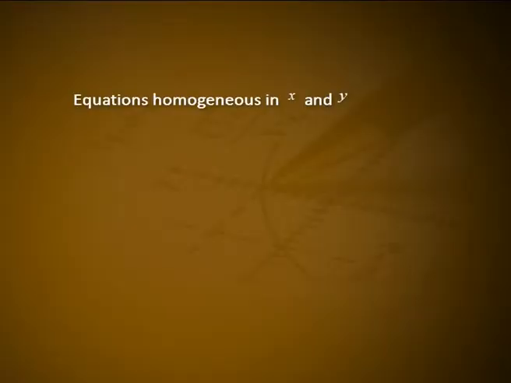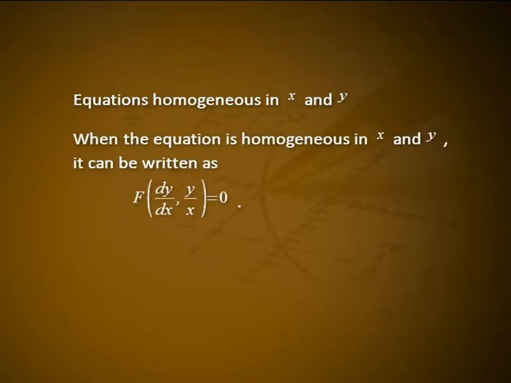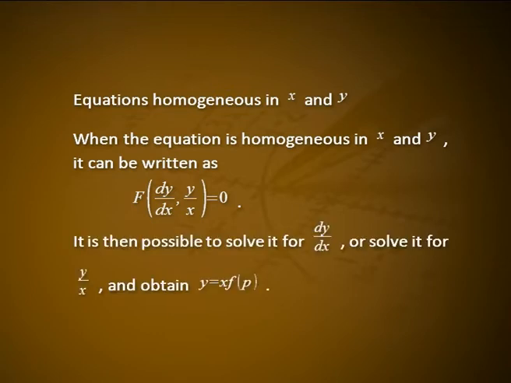Equations homogeneous in x and y. When the equation is homogeneous in x and y, it can be written as f(dy/dx, y/x) = 0. It is then possible to solve it for dy/dx, or solve it for y/x, and obtain y = x f(p).